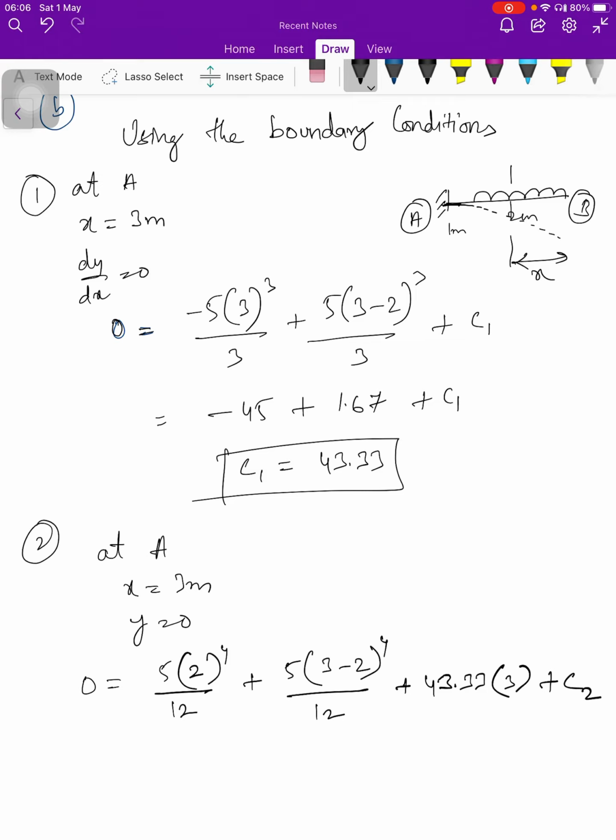Simplifying this one, minus 6.67 plus 0.416 plus 129.99 plus C2. So 129.99.